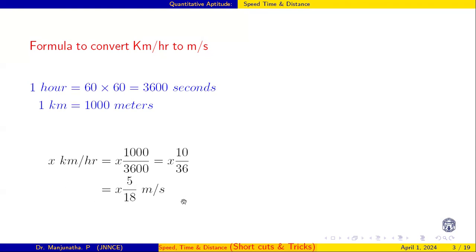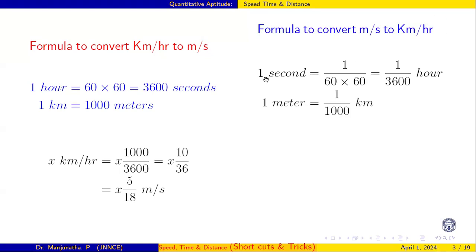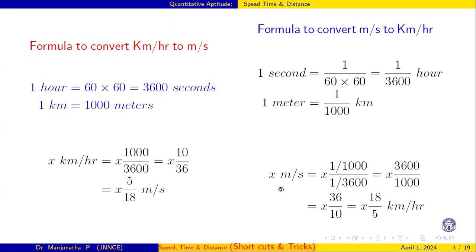So kilometer per hour to meter per second is 5 by 18. Similarly, meter per second to kilometer per hour is the reverse of this, that is 18 by 5. We can see that 1 second is 1 by 3600 of an hour, where 3600 is the number of seconds in an hour, and 1 meter is 1 by 1000 part of a kilometer. So meter per second is 1 by 1000 divided by 1 by 3600.